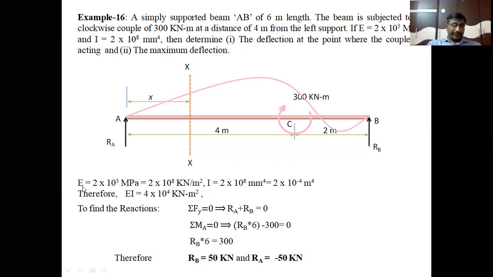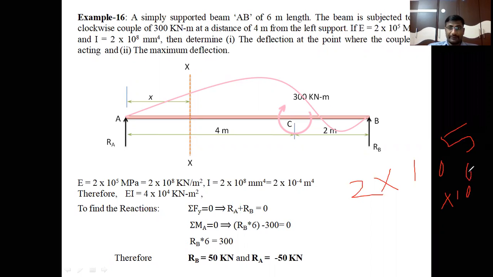So let us look. E is 2 into 10 to the power of 5 megapascals. Megapascals means newtons per mm square, or 10 to the power of 6 newtons per meter square. If you convert into kilonewtons per meter square, we will get 2 into 10 to the power of 8 kilonewtons per meter square. I will explain that. Mega means 10 to the power of 6.